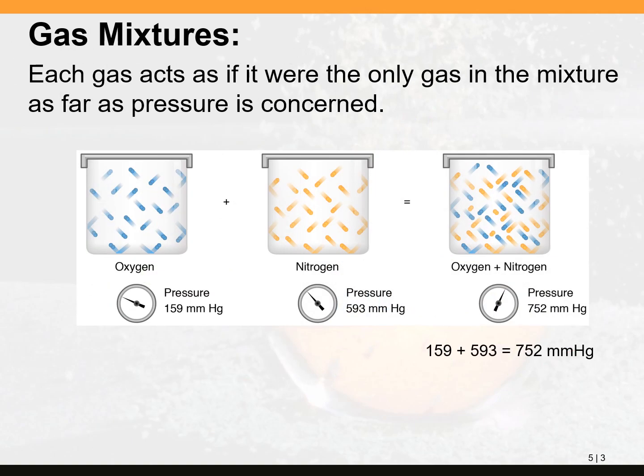In a gas mixture, each gas exerts its own pressure as if it were the only gas in the mixture. For example, if you have a container that has oxygen at 159 millimeters mercury and nitrogen in an identical size container at the same temperature with a pressure of 593 millimeters mercury, if you mix these two gases, put in the same container, the total pressure will be 159 plus 593, totaling 752 millimeters mercury.